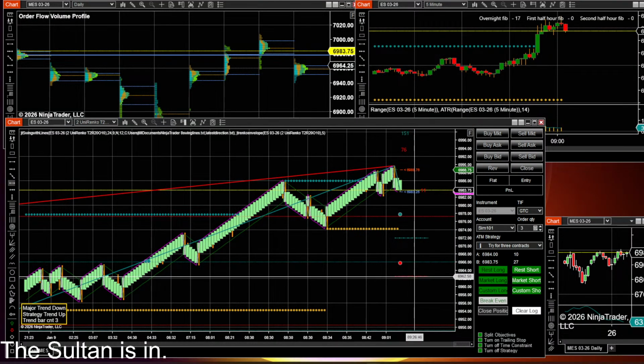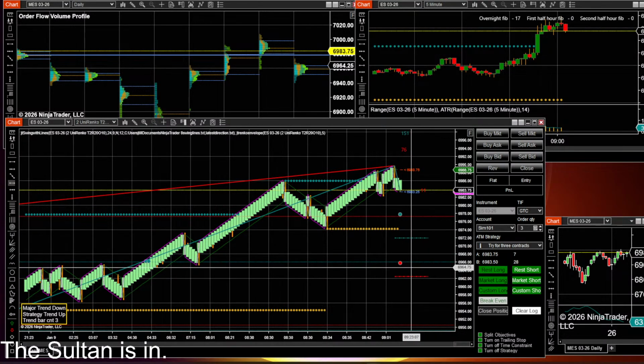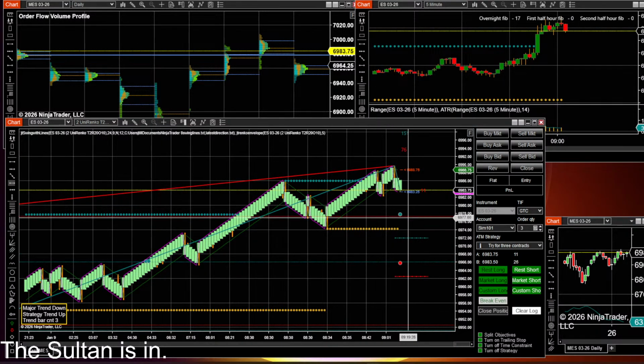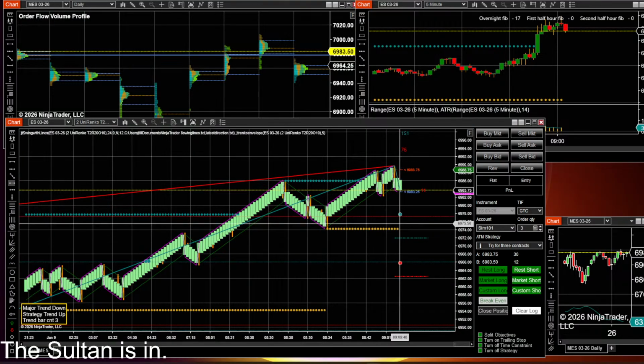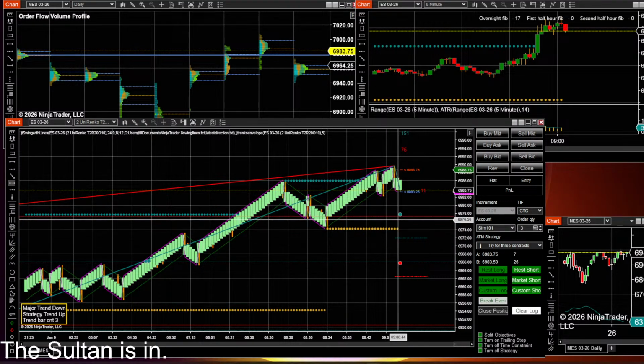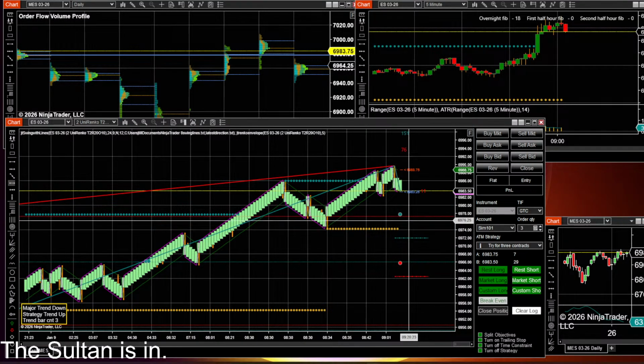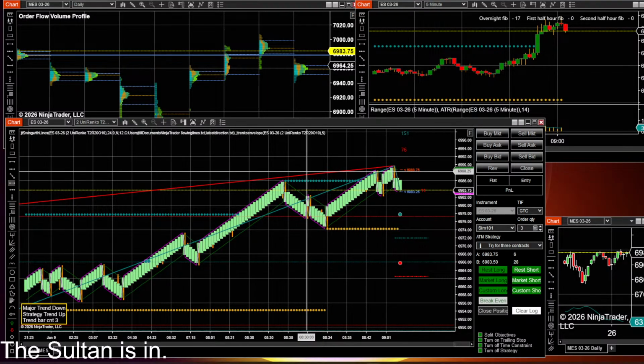Here's the 50% on the major trend, but it can move that far, but I don't want it to. I'm thinking I'm going to be taking something in this area here, and we'll see how that plays out later on, whether I do it or not.